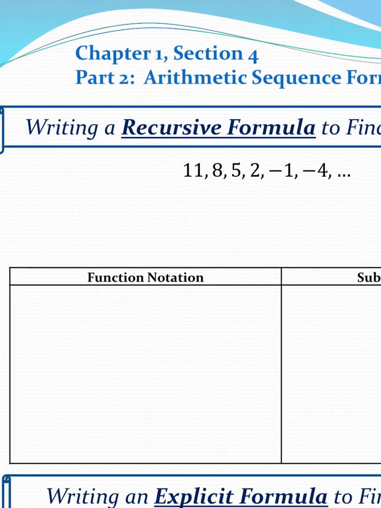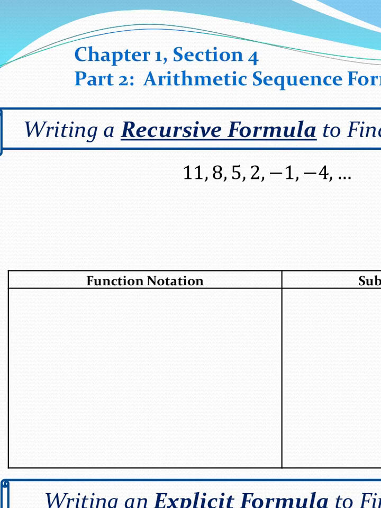I have an example here. I've got a list of numbers in a sequence. So the first thing we would always do is make a table. I'm going to say n, and I'm going to say f of n, since function notation is what we've been using.